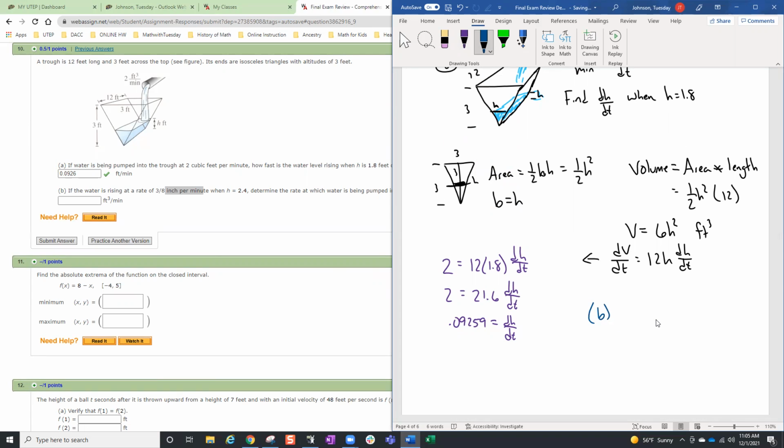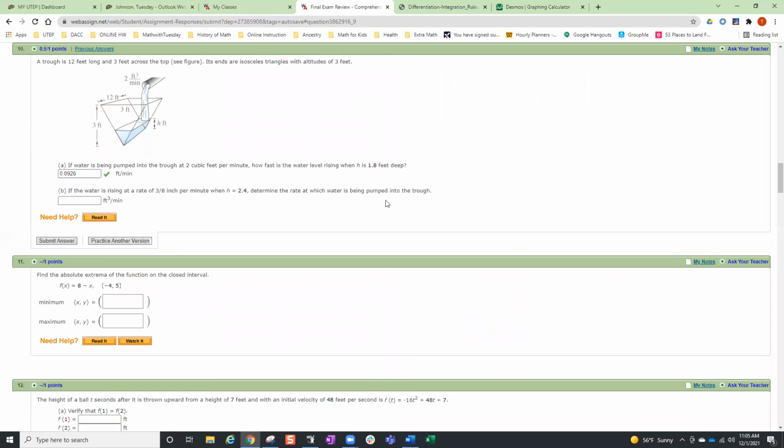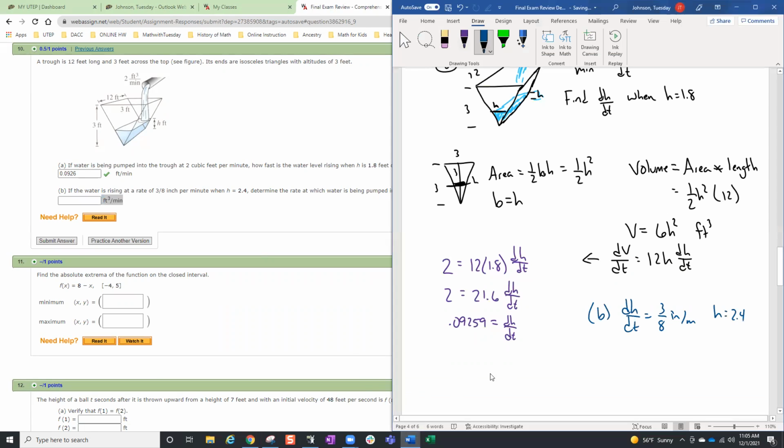If the water is rising at a rate of 3/8 of an inch per minute when h is 2.4, determine the rate at which the water is being pumped into the trough. However, keep an eye on the units here. We want to find dV/dt in cubic feet per minute.